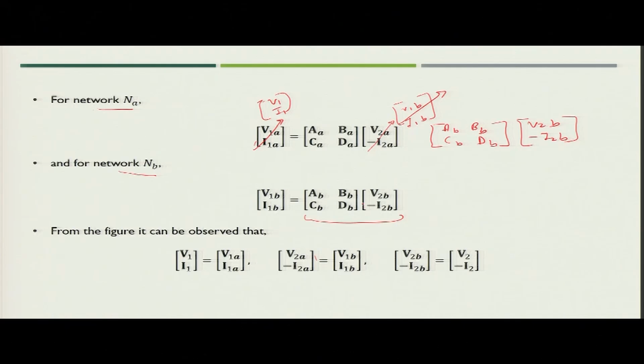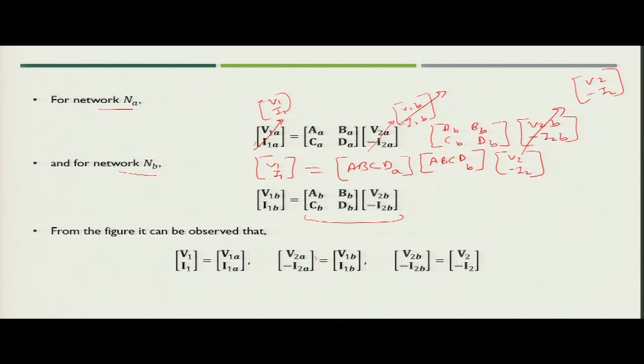Now, the V2B and minus I2B vector, we found from the figure, is nothing but V2 and minus I2. So, finally, what we get? We get the V1 I1 vector equal to the ABCD parameter matrix of network A, similarly the ABCD parameter matrix of network B, multiplied by V2 and minus I2.